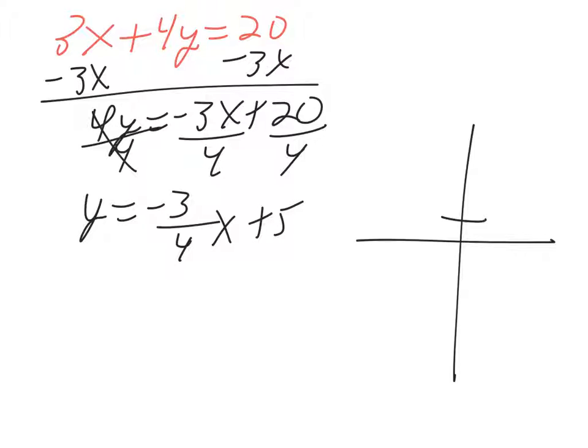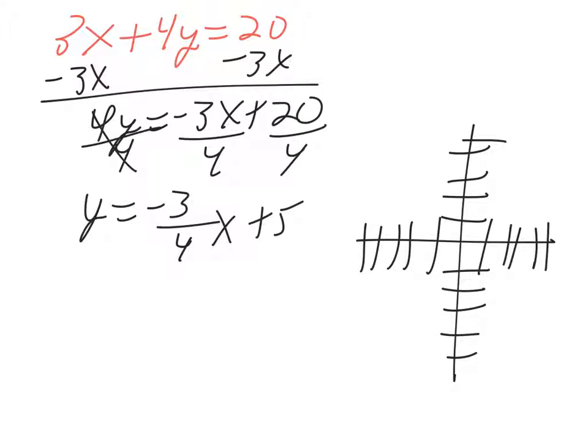So on our graph, my y-intercept is 5, so up to 5. It's a negative slope, so I know the line is going to go down to the right. I'm going to go down 3, 1, 2, 3, over 4, 1, 2, 3, 4, about there.